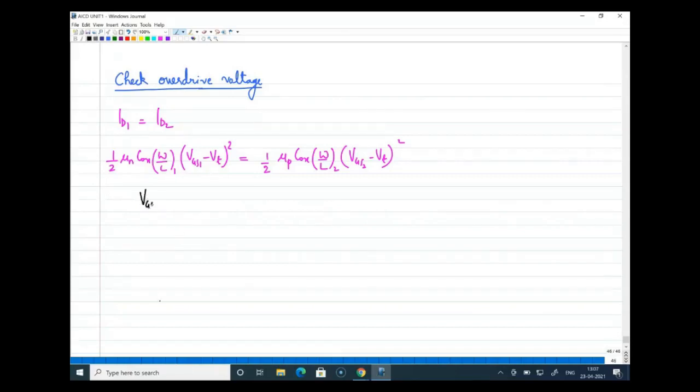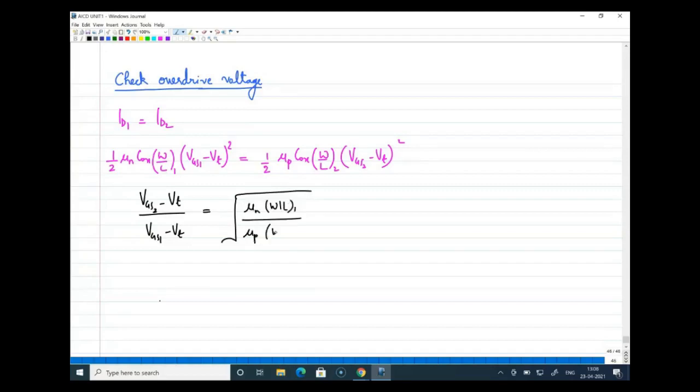If I write VGS2 minus VT by VGS1 minus VT, half will get cancelled, Cox will get cancelled. What you can see is it will be equal to under root of mu n W by L of 1 divided by mu p W by L of 2.